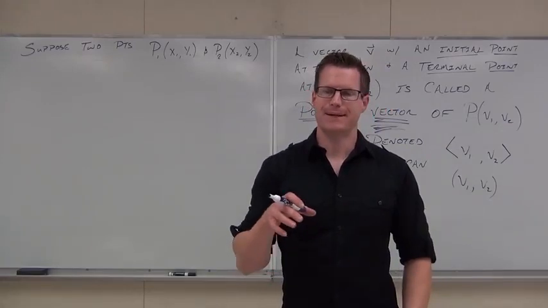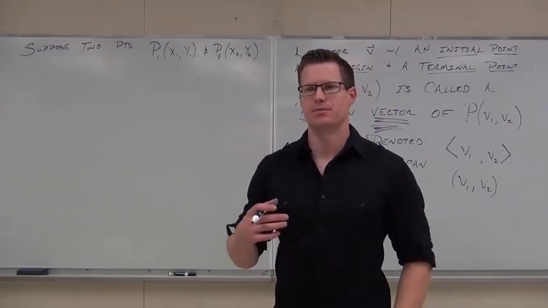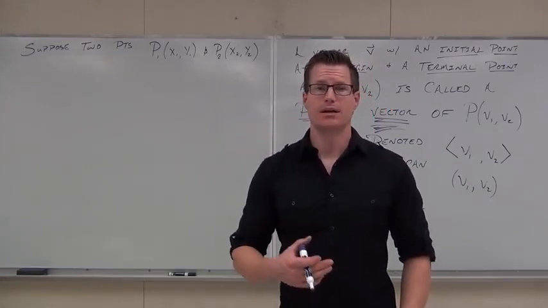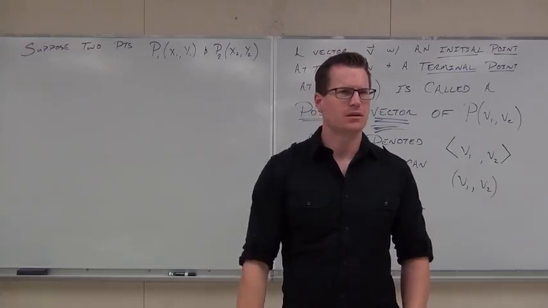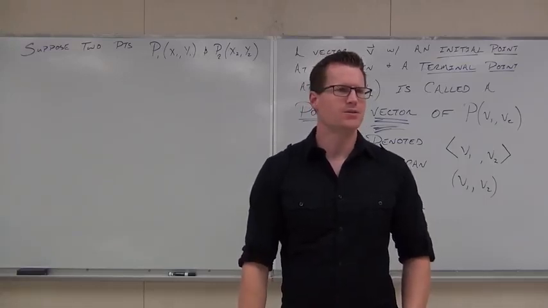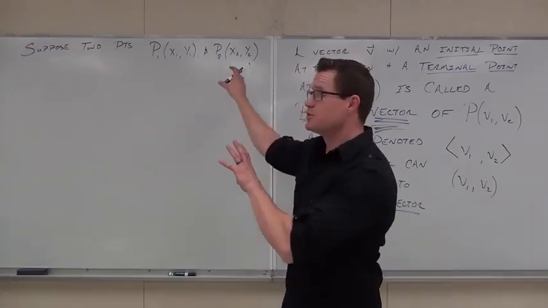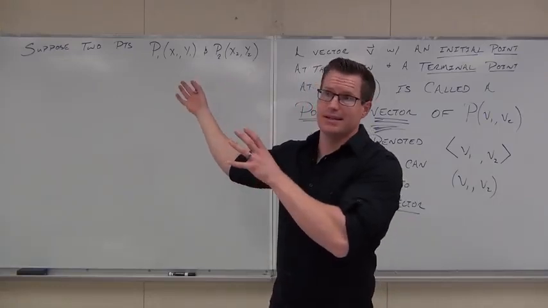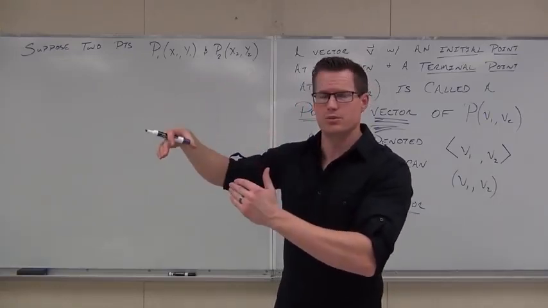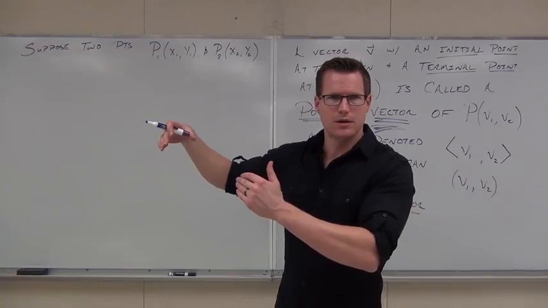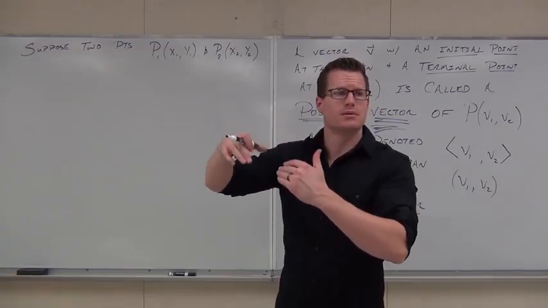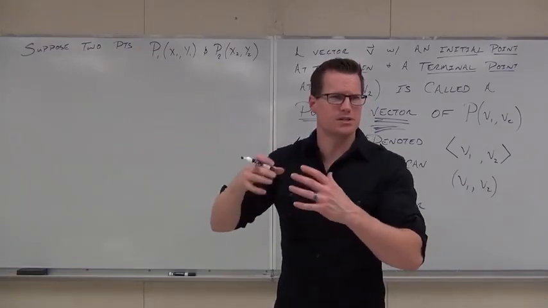The way we do it, it automatically gives us a position vector. Automatically. It's really easy. How? What do you think? What would you do? How would you take these 2 points and translate it to something that starts at the origin, and still have the same length, the same direction, same everything?